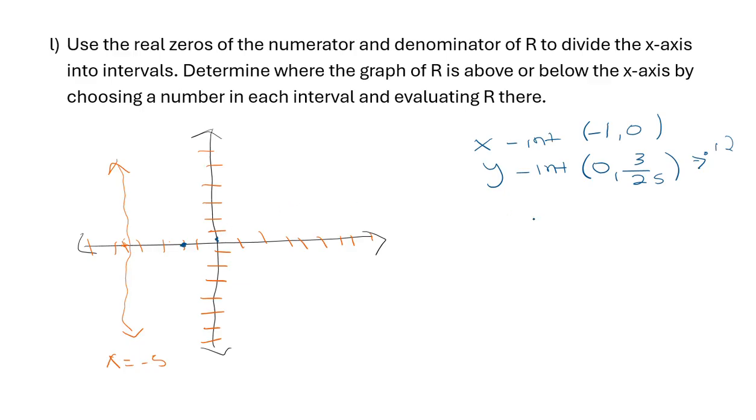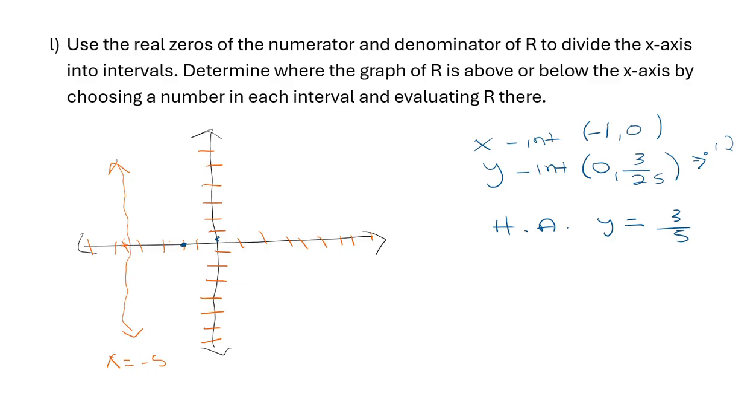Okay. And then we also have a horizontal asymptote at y equals 3/5. And that is 0.6.